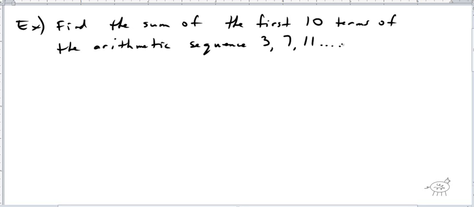It's nice that I told you it's arithmetic, but you can figure it out by going, what's the difference? 7 minus 3 is 4, 11 minus 7, 4. It is arithmetic because the difference is 4.